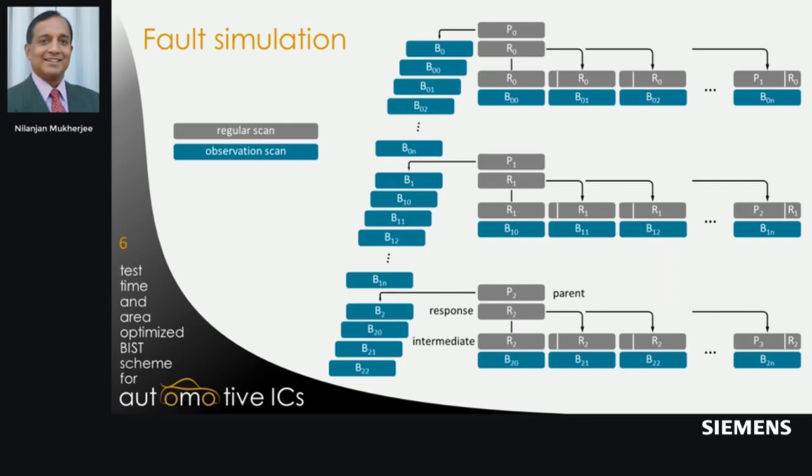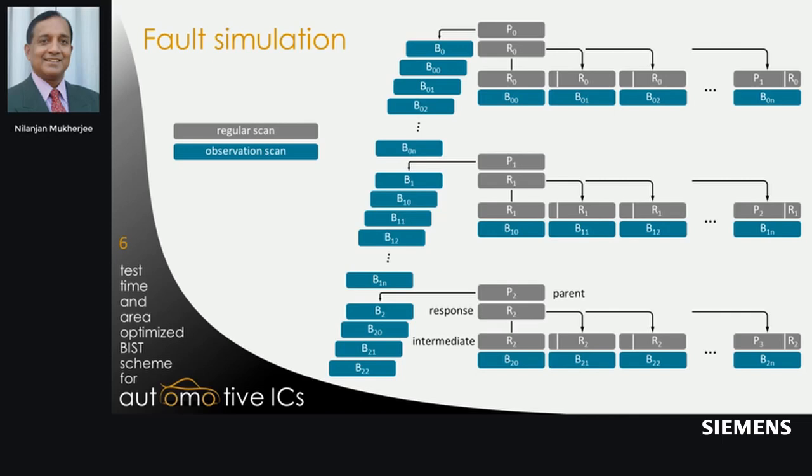This slide shows a pictorial representation of the fault simulation task. Note, the regular capture patterns are termed as parent patterns, whereas the shifted versions of the responses are termed as intermediate patterns. The first pattern, P0, results in a response R0.